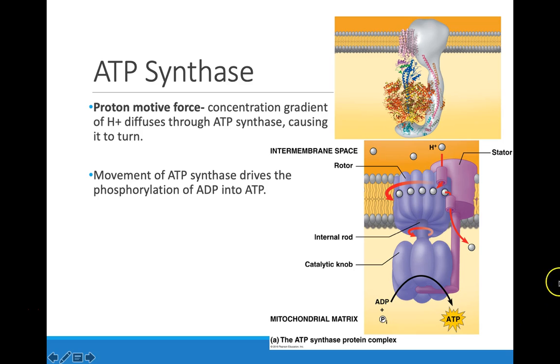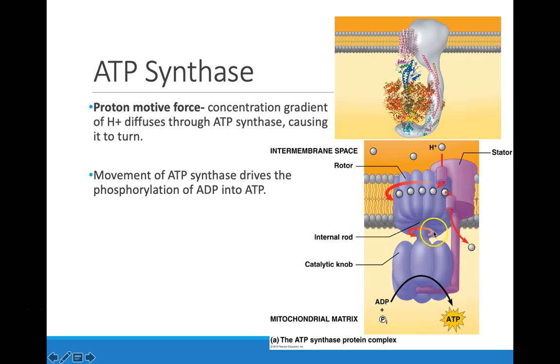It's really quite cool. So up here we have hydrogen ion concentration. Hydrogen ions funnel through that protein, and when they do, it causes the protein to spin, and the hydrogen ion moves down along its concentration gradient.